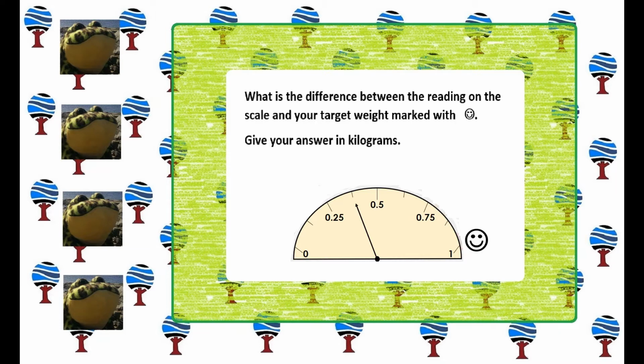Give your answer in kilograms. So when we look at the picture, we can see that the smiley face is set at 1. We're not sure what the arrow is set at because it's an unmarked division, and it's halfway between 0.25 and 0.5. So let's have a look at how we can calculate what that number is.